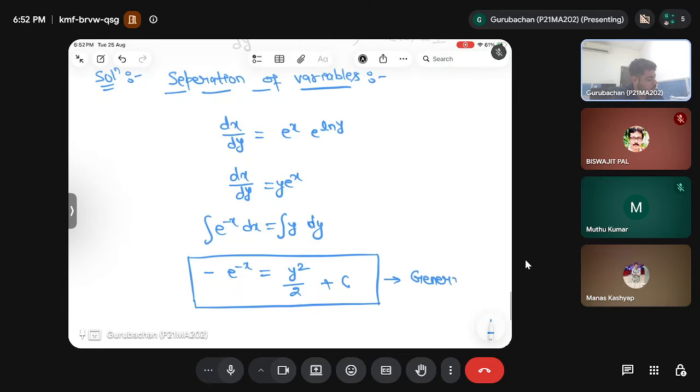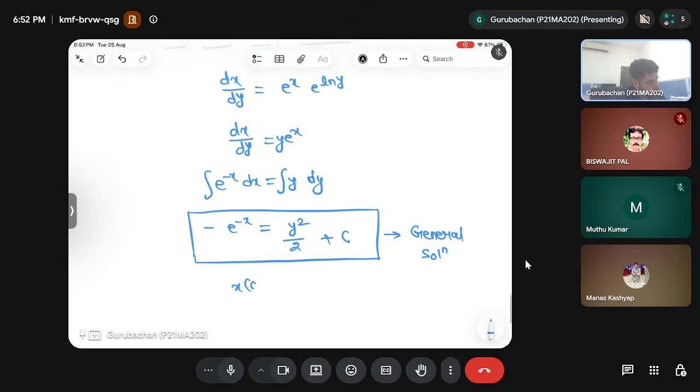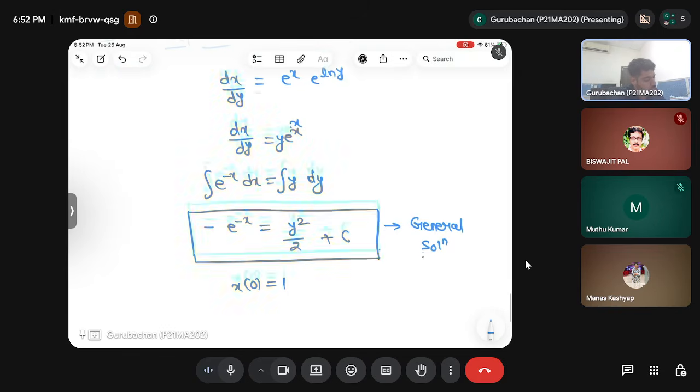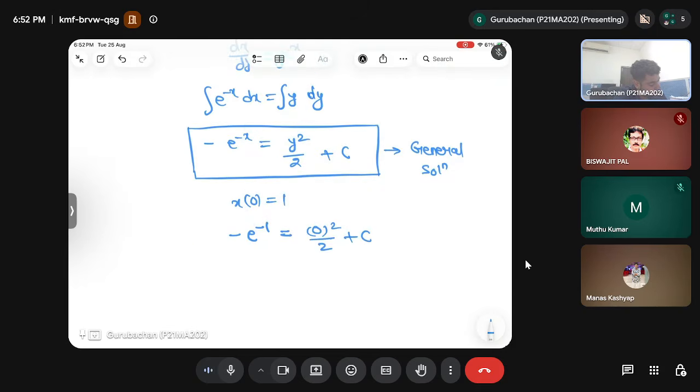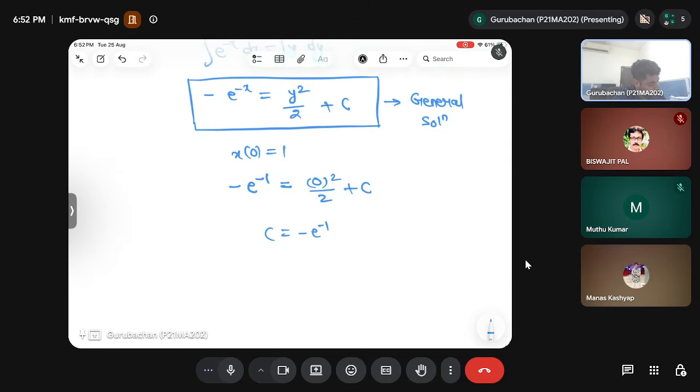Now you know that x0 is 1 and y0 is 0. So put these values: minus e to the power minus 1 is equal to 0 square divided by 2 plus constant. Then what will be the value of c? So this will give you minus e to the power minus x equals y square by 2 minus e to the power minus 1.